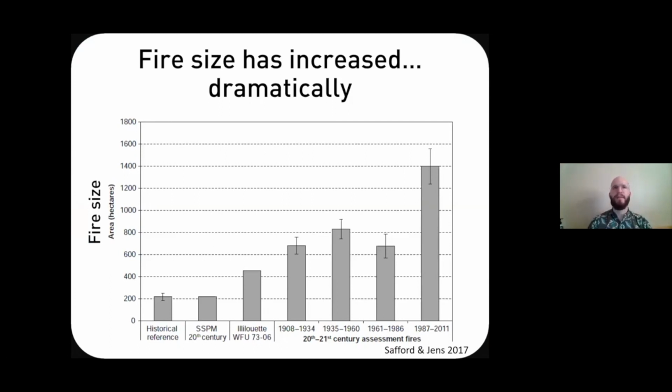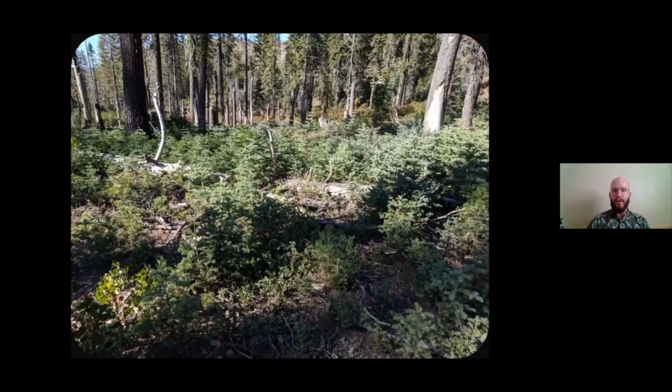This is important because historically, these forests regenerated through short distance dispersal. So here what we see is a low severity fire, and there's plenty of living adult trees that remained, and they're making cones and raining seed onto the burned areas so that the forest can recover.